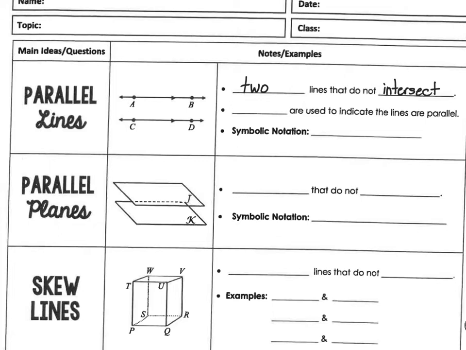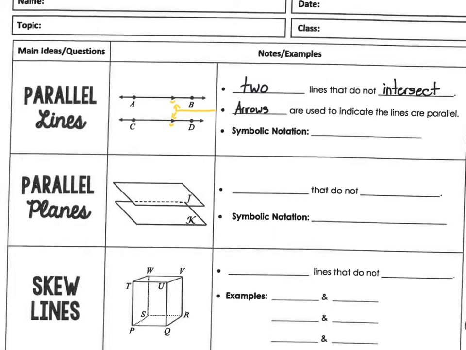Okay. If you look here, these arrows are the arrows that they're talking about. So the arrows are used to indicate parallel lines. So we'll draw a line to those. Those are what we're using there.